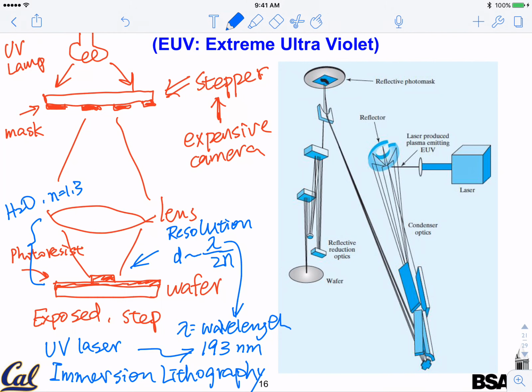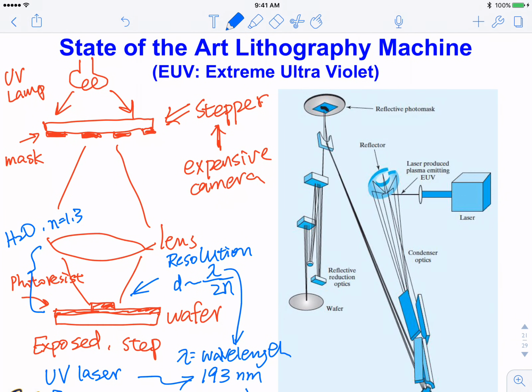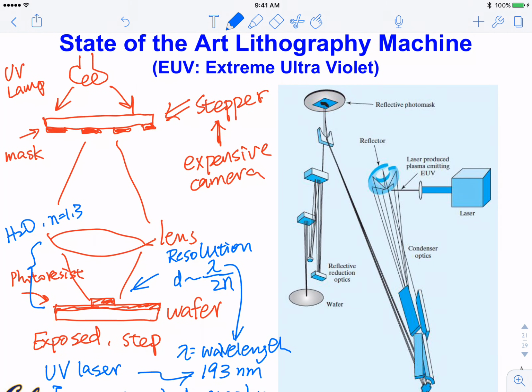So the next thing on the horizon, not yet in your cell phone, but probably within 3 to 5 years, is called EUV. The machine is shown here. EUV stands for extreme ultraviolet. It is actually way below UV wavelengths. For UV, you think about wavelengths on the order of 100 nanometer.